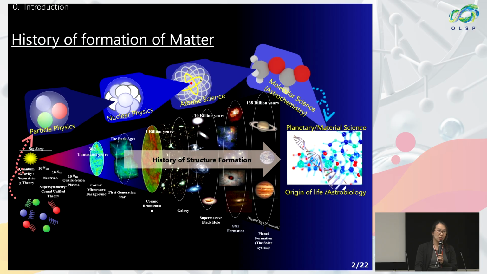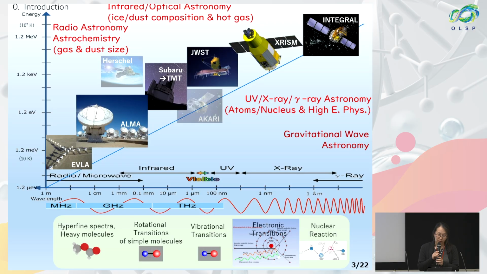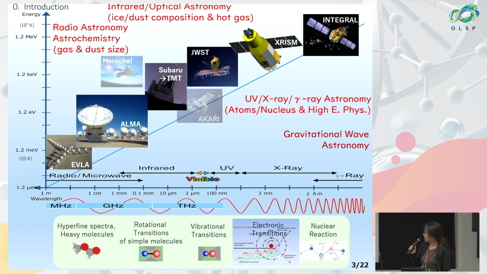We have to observe it. To observe, depending on the matter, there is a difference in frequency. If you want to know about the inside of atoms, you have to go to higher frequency or shorter wavelengths.